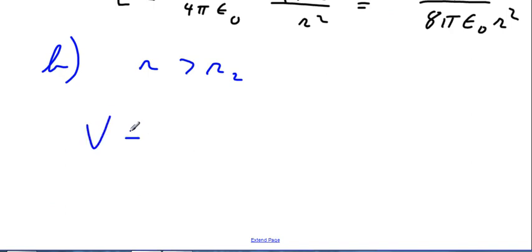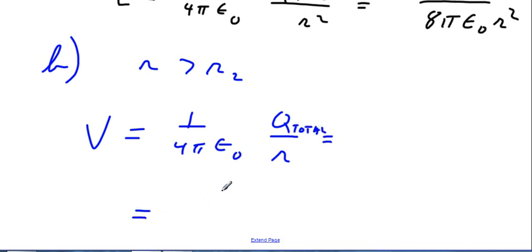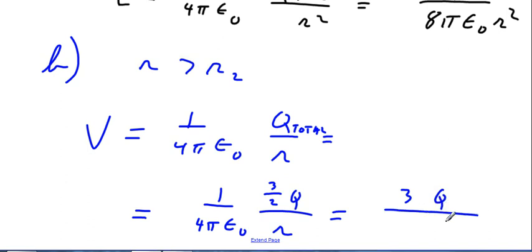My V is going to be 1 over 4 pi epsilon naught Q over R, and so that'd be Q total. So I'm going to have 1 over 4 pi epsilon naught 3 halves Q over R. So I'm going to end up with 3Q over 8 pi epsilon naught R.